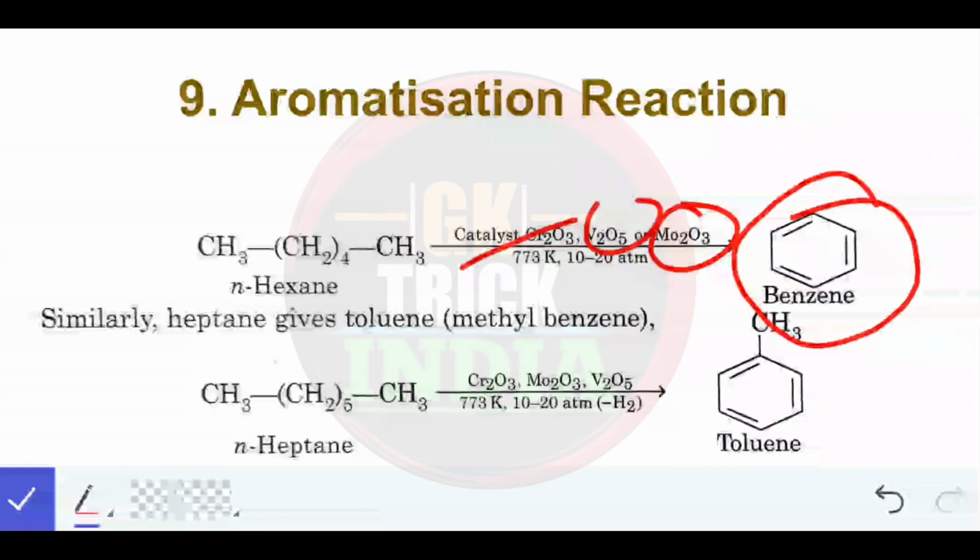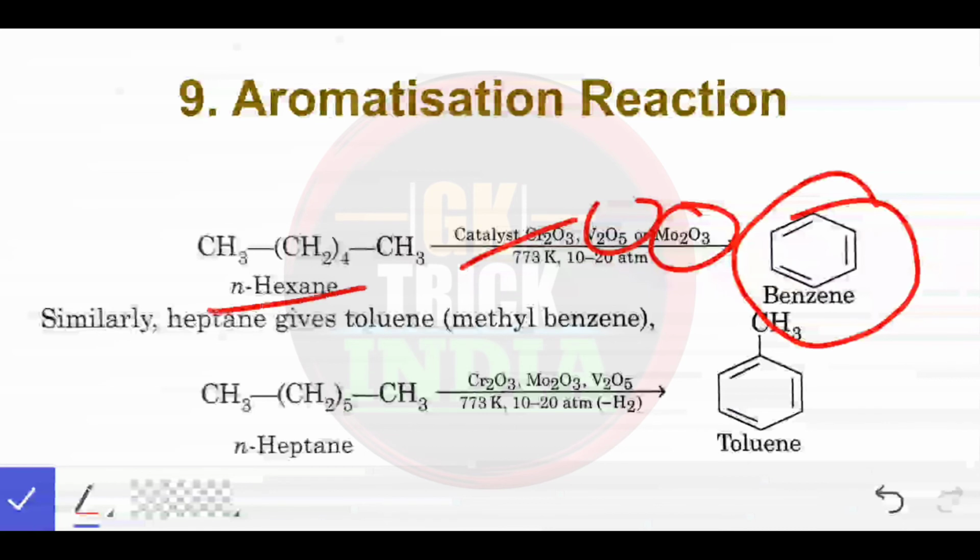Out here, a compound containing 6 carbon atoms, that is n-hexane, is converted to benzene. This process is called aromatization, so it can be used as another method of preparing aromatic compounds.